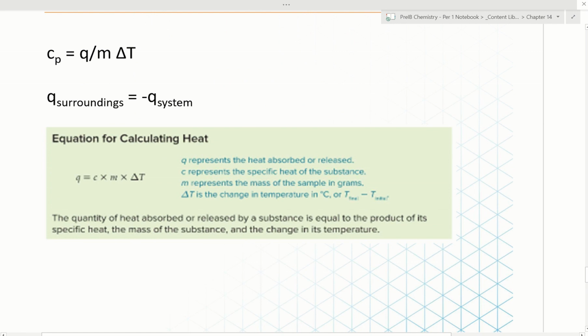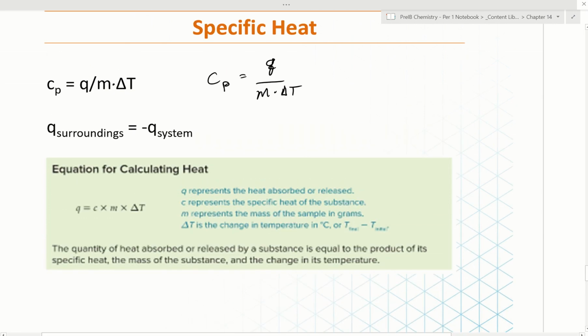When we look at the specific heat equation, this is the equation written in as a computer. I had written it a second ago like this, which is the exact same thing. One thing we need to recognize is that anytime we have a reaction taking place or a physical or chemical change, we have the surroundings and the system.